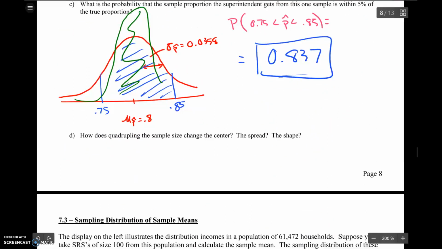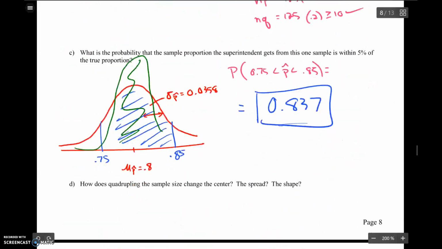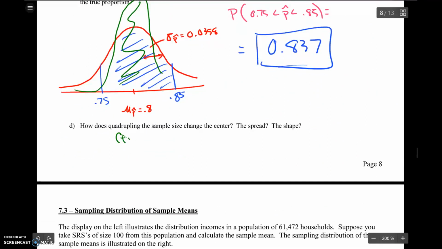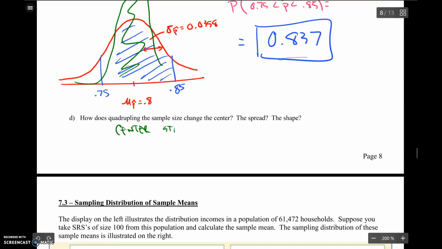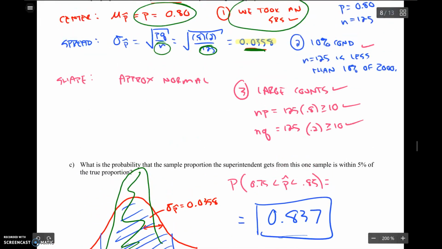Okay. How does quadrupling the sample size change the center? Well, the center is only dependent upon the true proportion, so that doesn't depend on the sample size. So center will stay the same. The spread is going to change. The standard deviation is calculated with this n on the bottom. So if you quadruple the n, that's going to give you a factor of 4 inside a radical larger on the bottom. The square root of that 4 is a 2, so we divide by 2.